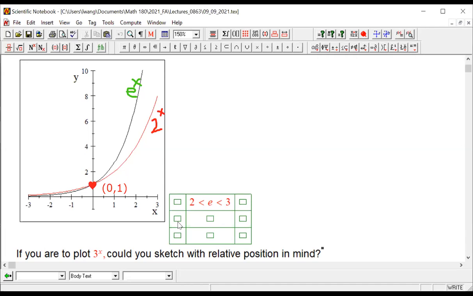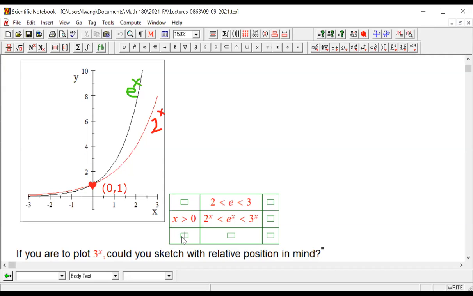For x is positive, these relationships still hold. So 2 to the power x, E to the power x, 3 to the power x. You follow me?